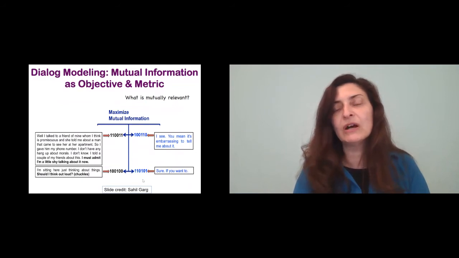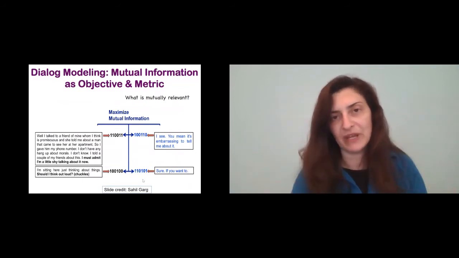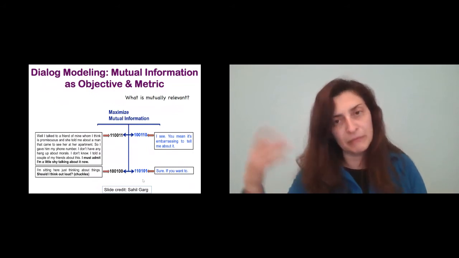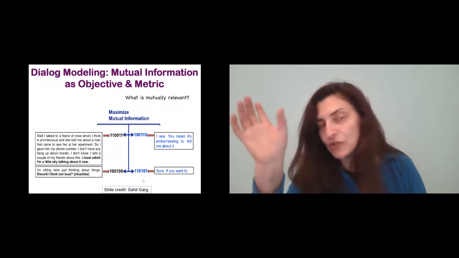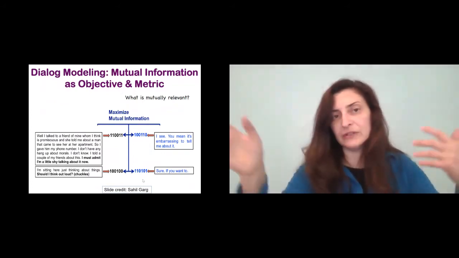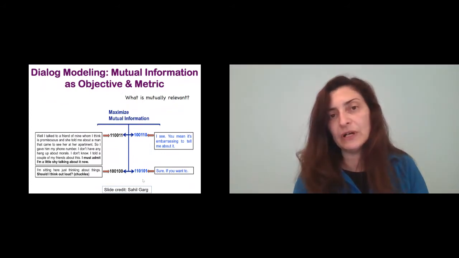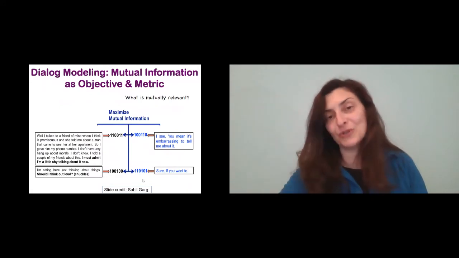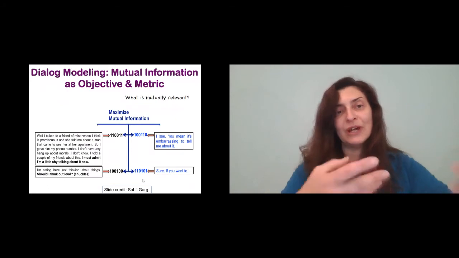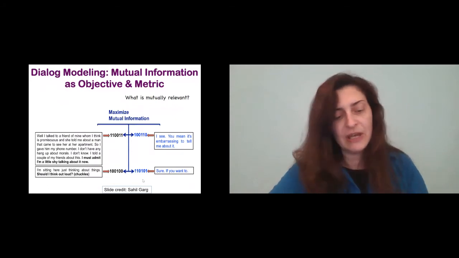So if you learn your representation mapping, learn your embedding function, based on maximizing mutual information between the two participants of the dialogue, then essentially it will be easier to predict what to say in response to a new patient's utterance, roughly speaking.